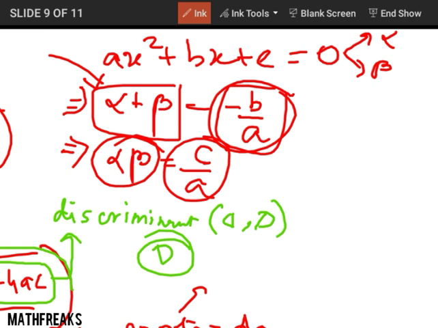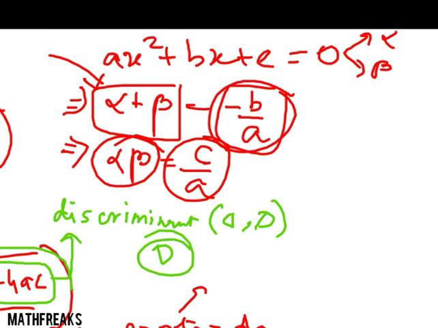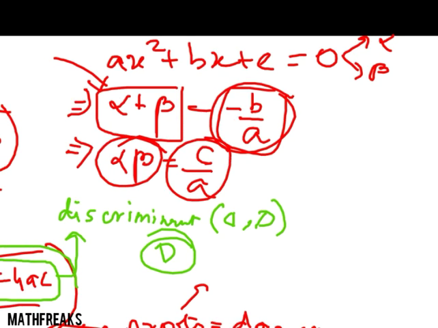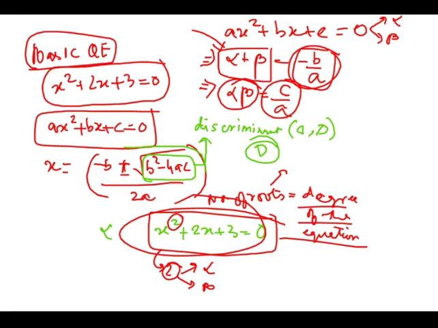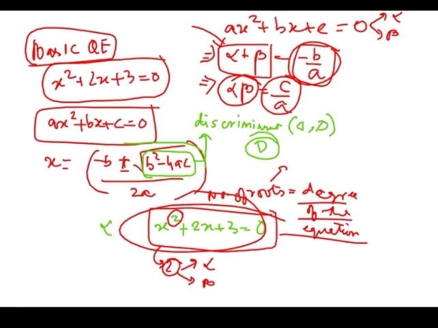For that case we are going to teach you Vieta's relation, which tells us about the relation between the roots and the coefficients of any equation. We are going to learn this in the advanced quadratic equations. This is just the basics. So for now just learn the quadratic equations, this relation between the roots and the coefficients, right? I hope that up to this much is clear.